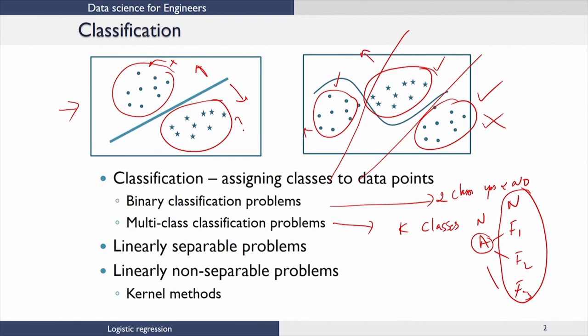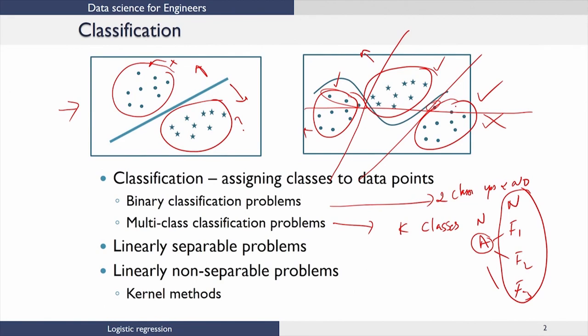So, whatever you do, if you try to come up with something like this, then these are points that would be misclassified. So, there is no way in which I can simply generate a hyperplane that would classify this data into 2 regions. However, this does not mean this is not a solvable problem. It only means that this problem is not linearly separable, or what I have called here linearly non-separable problems.